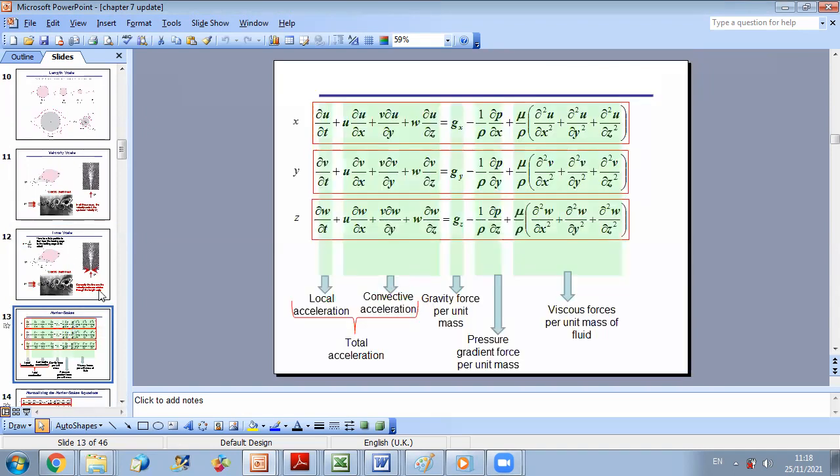So let us start now with the first part, which consists of finding the non-dimensional form of the equation.